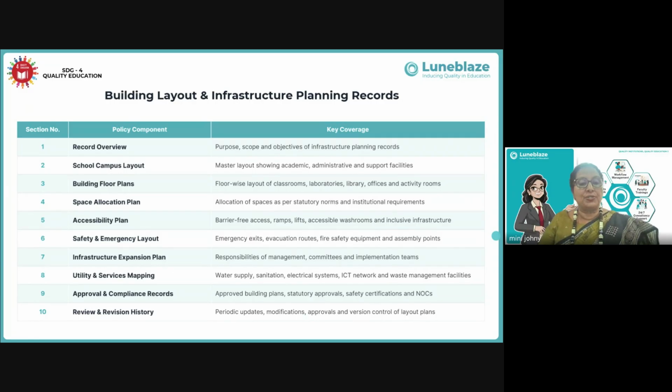Review and revision history. Periodic updates. Again, this is nothing but institution memory. Periodic update, modification, approvals, and version control of layout plans. Just think of teachers, they make a question paper. The question paper goes for scrutiny, update, correction, modification, edit.